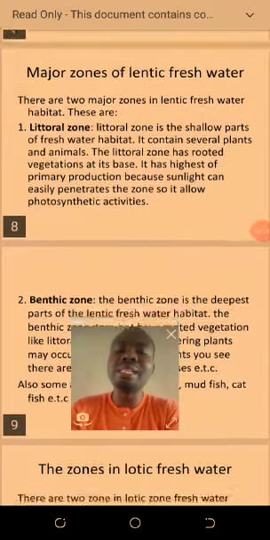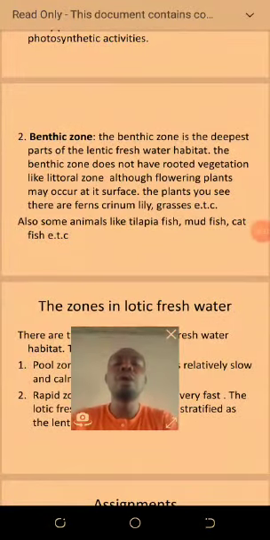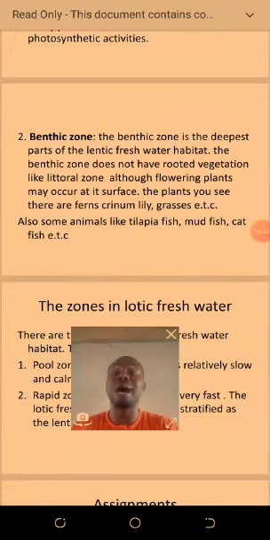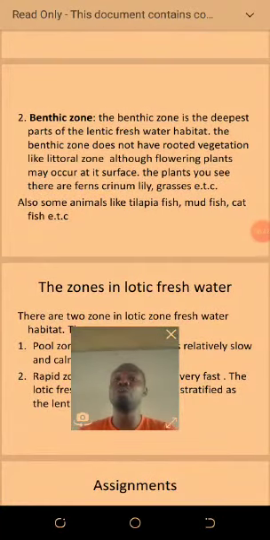Now let's look at the second one, which is the benthic zone. The benthic zone is the deepest part of the lentic freshwater habitat. It does not have rooted vegetation like the littoral zone, though flowering plants may occur at its surface.